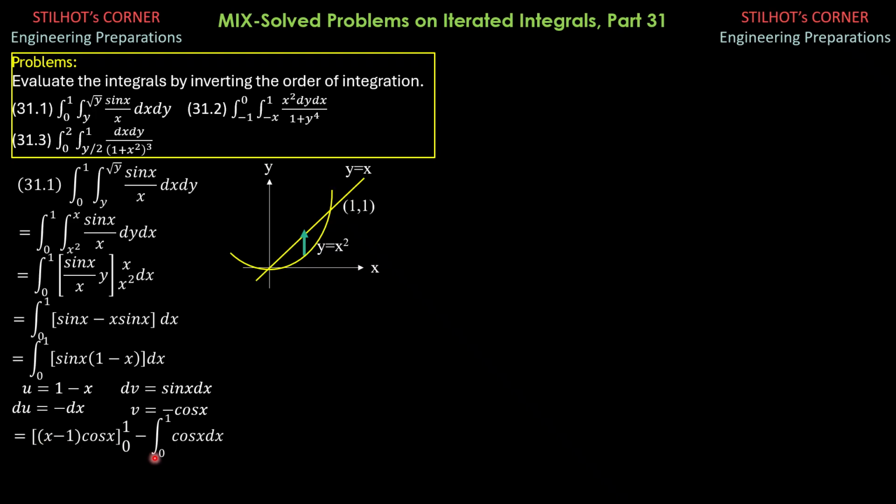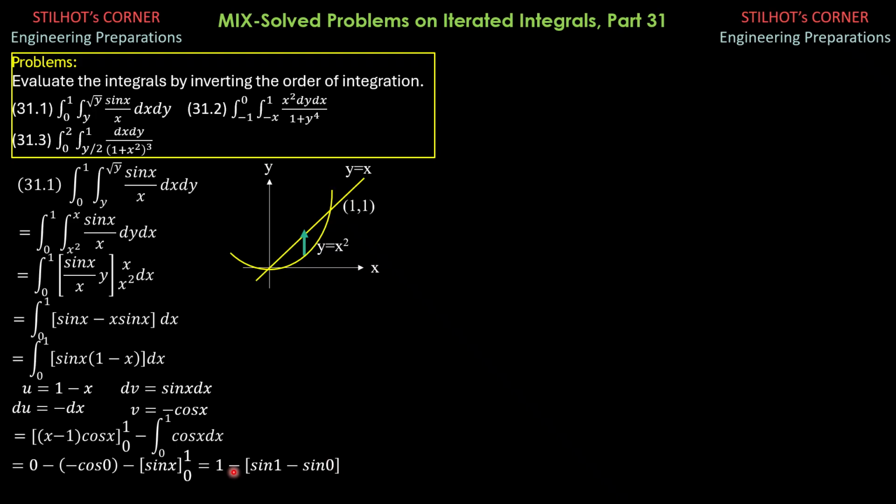Then this one, integral of cosine x dx is sine x. So that would be 0 minus negative cosine of 0 minus sine x from 0 to 1. So cosine of 0 is positive 1. So that would be 1 minus quantity sine of 1 minus sine of 0. Sine of 0 is 0.